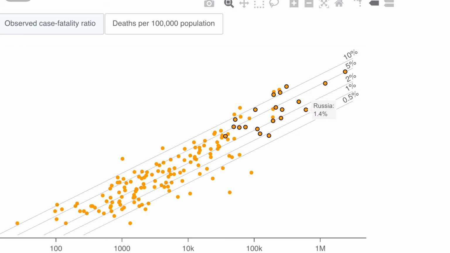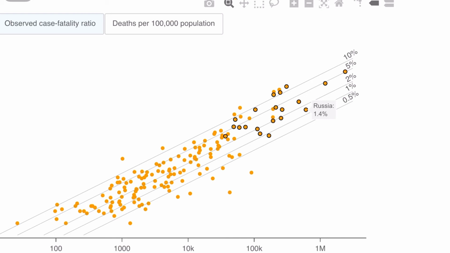other data. Russia, I would say, is still fine, at 1.4%. So a 1.4% case fatality ratio is still a lot of life lost per 100,000 population, but it is not that alarming compared to other diseases.